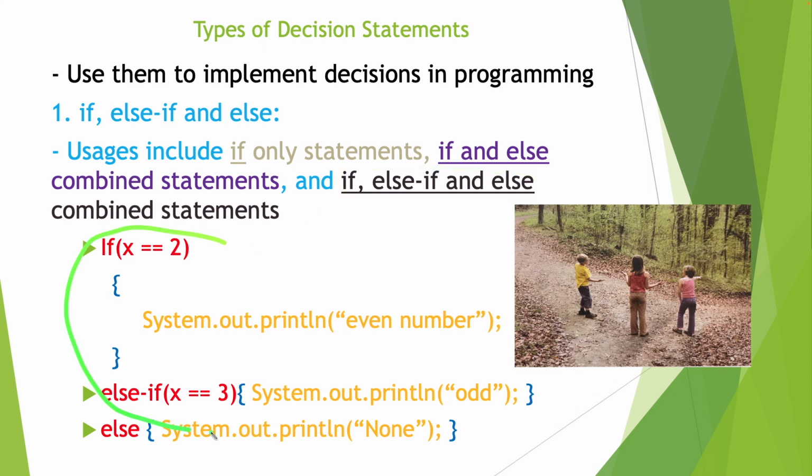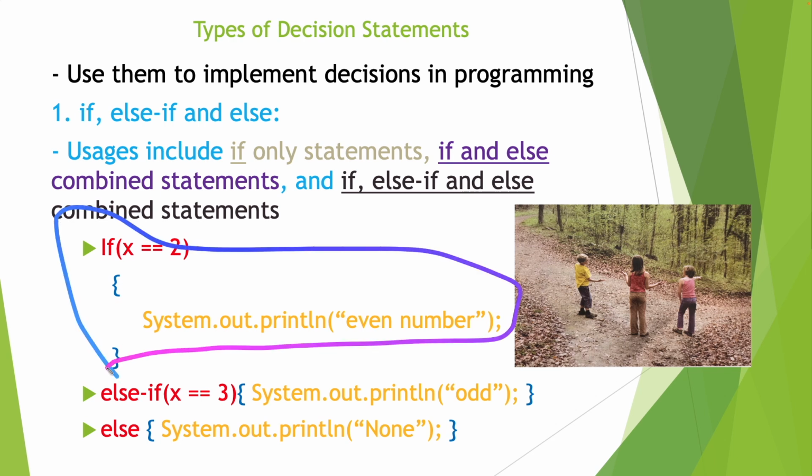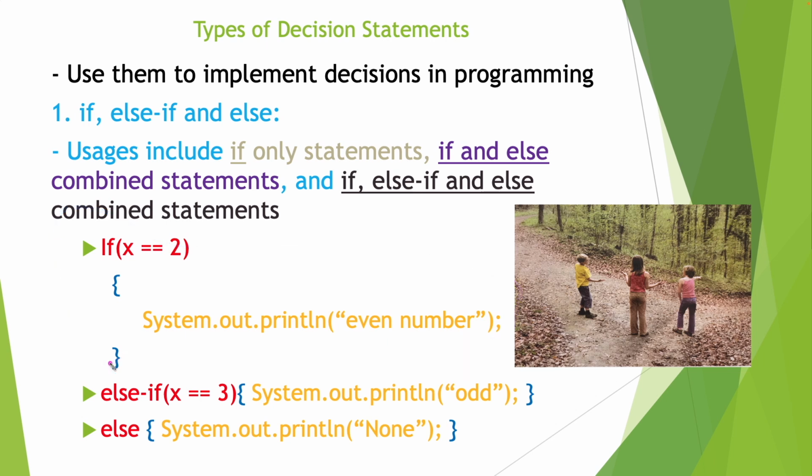So this example that I have provided here is the combination of if, else if and else statements. There may be situations where you need only if statements. So in that case you can use only the if block. There could be other situations where you need only if and else statements. In that case you don't need else if.